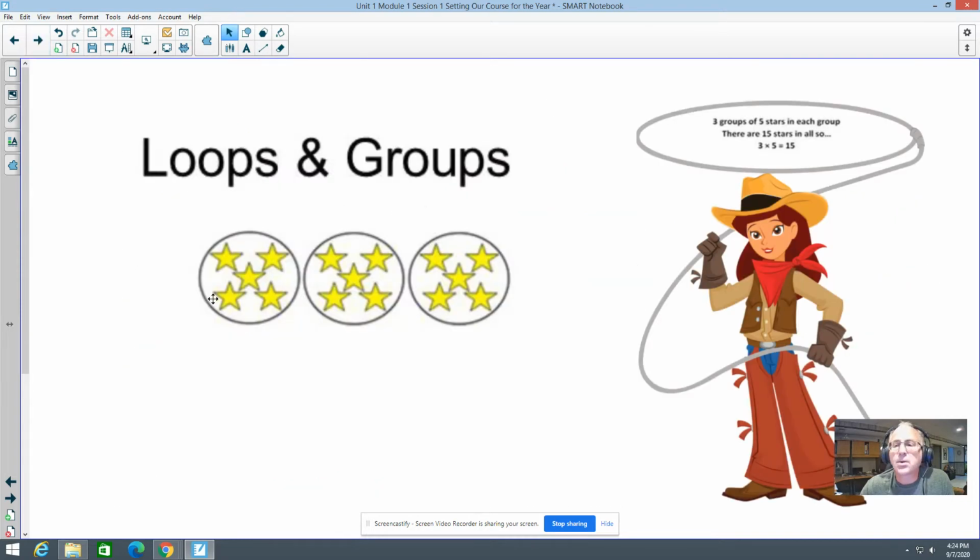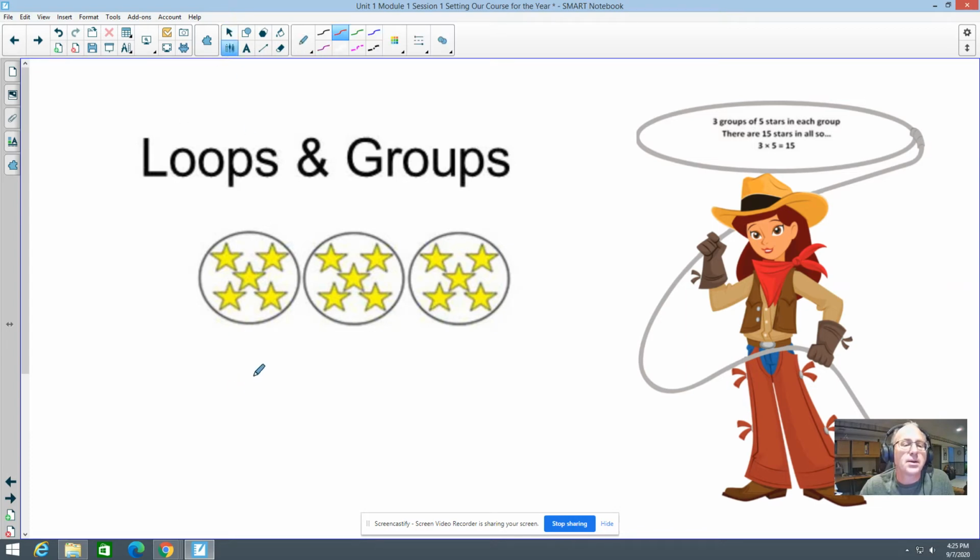All right. Another thing I remember is that you guys played a game early in the year called Loops and Groups. So you could also say that multiplication could be groups of. If these circles here, like she's lassoing here, this is from your game Loops and Groups, you loop them into groups and you say, okay, I've got three groups and then there's five in each.